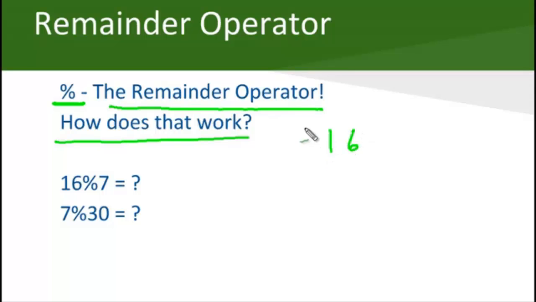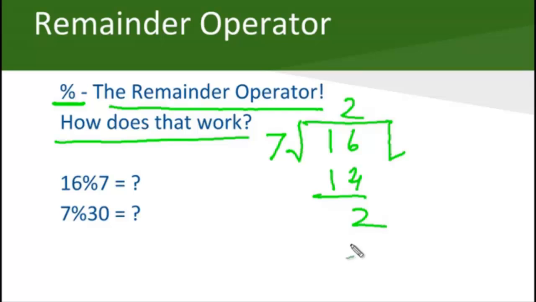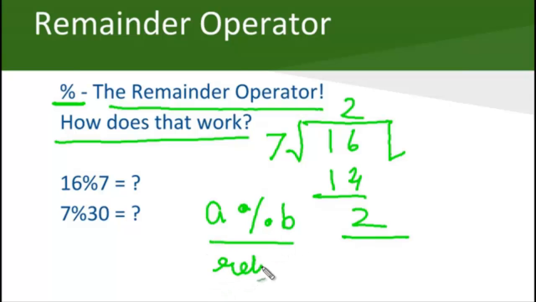When we divide 16 by 7, we get a remainder of 2. So the remainder operator works exactly that way. It divides the first operand by the second and returns the remainder.